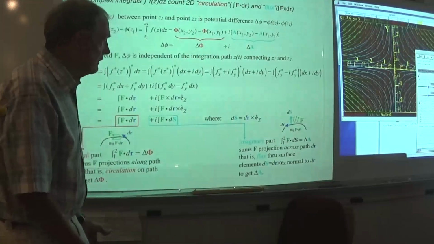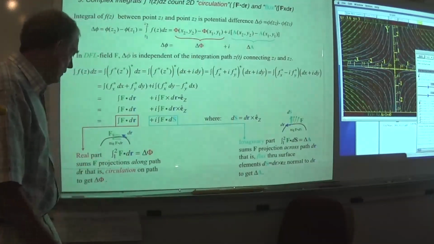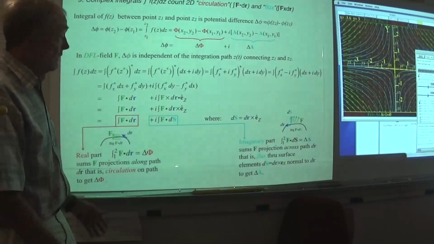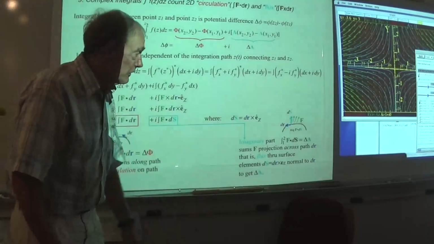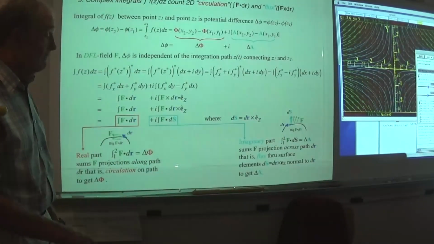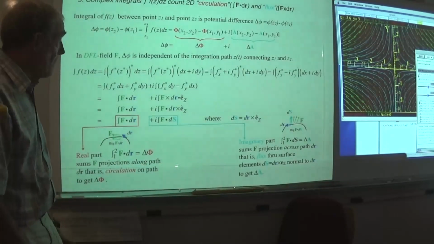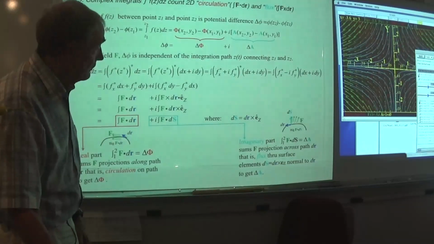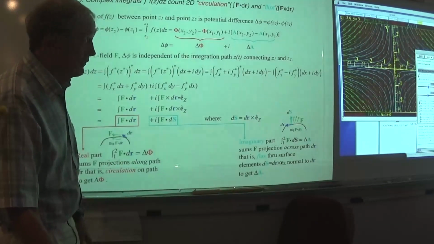And that's kind of neat. Okay, that's a neat thing to see, because that's, after all, what the integral represents. First the real part, then the imaginary part. So that's a part of the story that we want to tell about these integrals.